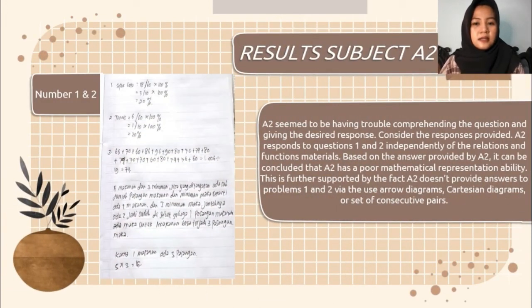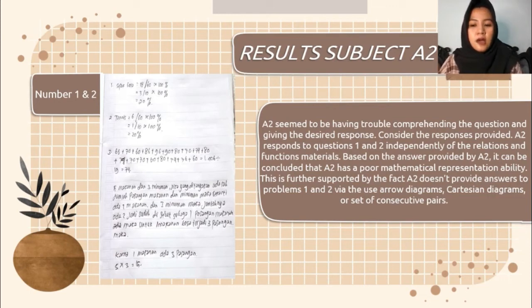The next is the result for subject A2. For numbers 1 and 2, A2 seemed to be having trouble comprehending the question and giving the desired response. Consider the responses provided: A2 responded to questions 1 and 2 independently of the relation and function materials.